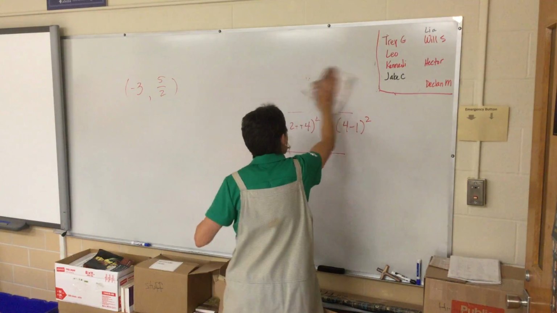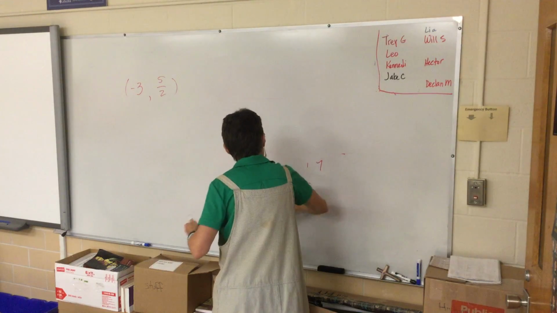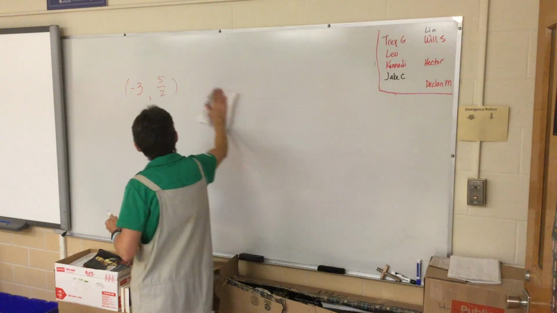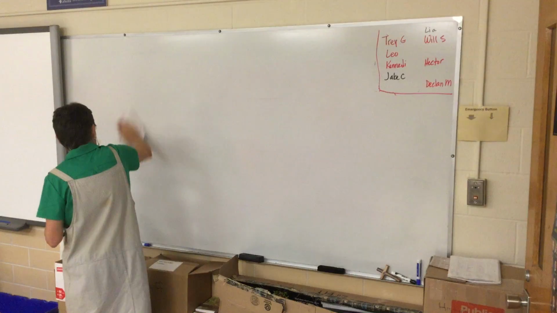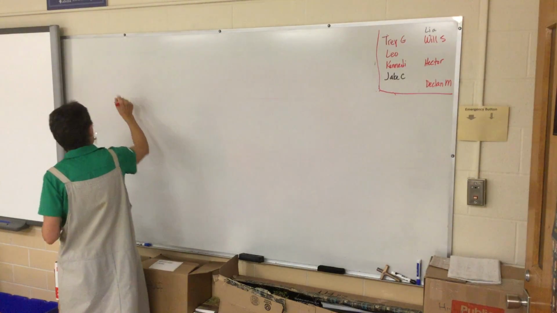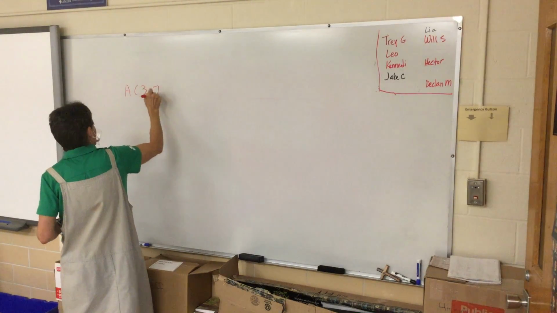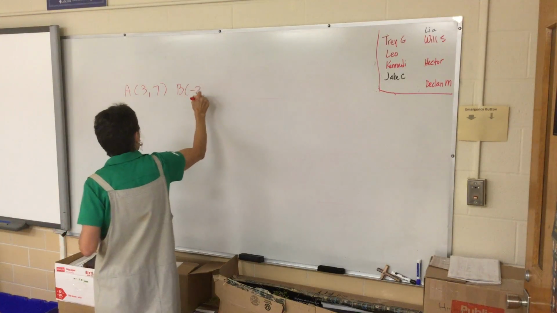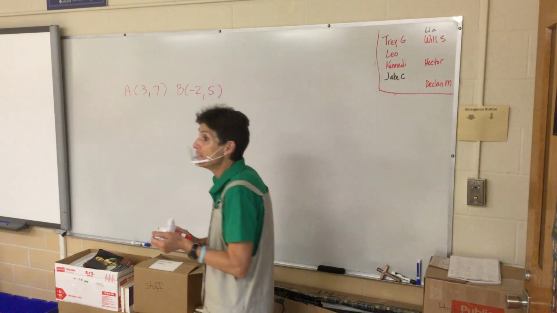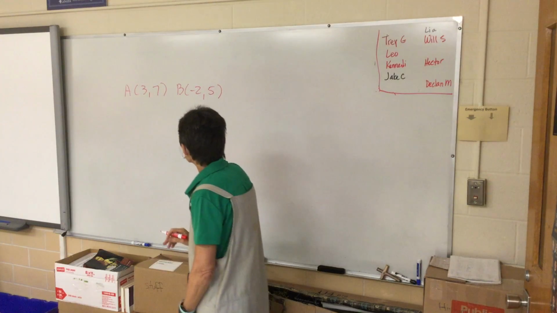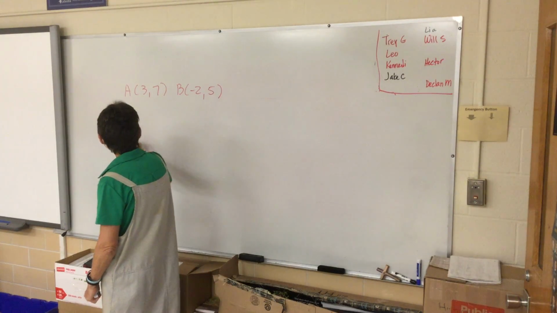Okay. So what we just need to remember is that midpoint means average. So if we have a couple of points and we want to find the midpoint, we just average them.